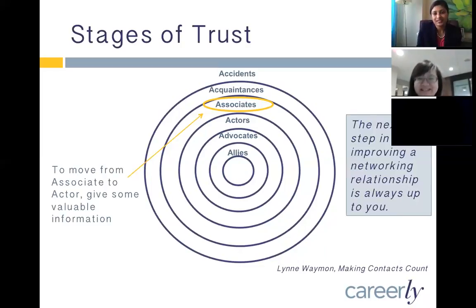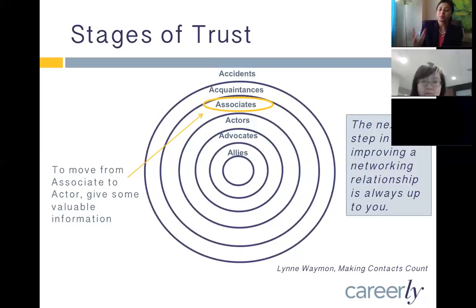So what she says is, there are some people that you meet that are like accidents. You just meet them. You'd probably never meet them under any other circumstances, and you would probably never meet them again. Then you have acquaintances, who are people that you know a little bit, but they're not people that you interact with very regularly. Now, associates, that's the important one.